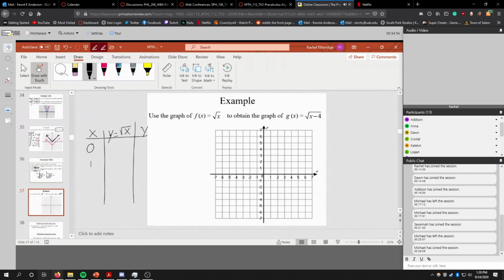So my points are always 0, 1, and 4, the first 3 perfect squares, if you call 0 a perfect square. The square root function always has these points. The x values are 0, 1, and 4, and for the y values, you just plug the x into the function.